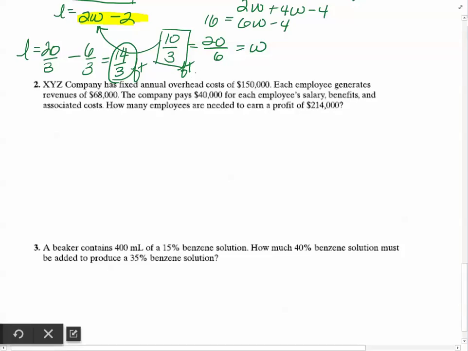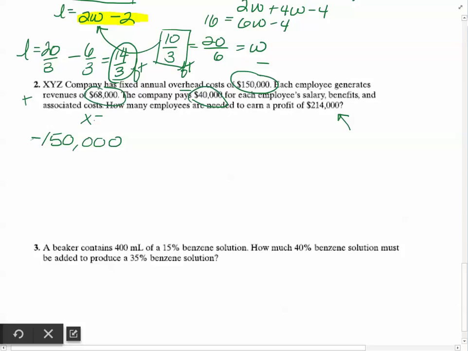Okay, so you need to think of this in positives and negatives. Okay, this is a negative. This is a positive, and it depends on how many employees you have, though. This also depends on how many employees you have, but it's a negative. And this is what our goal is. So think of it as, okay, we have negative 150,000 right off the bat.